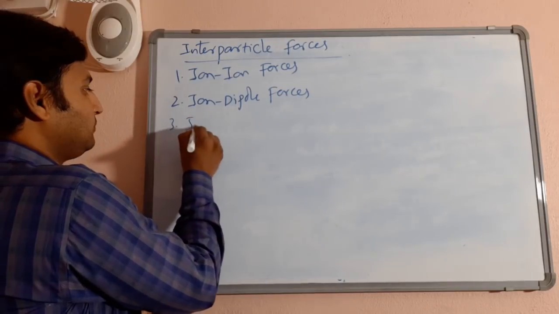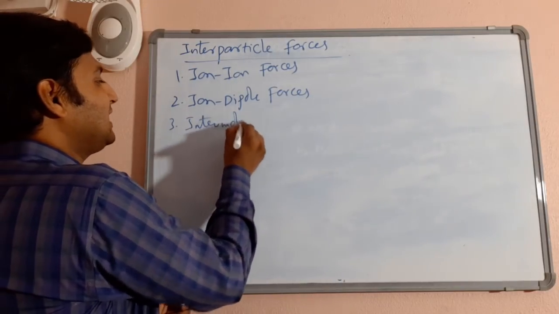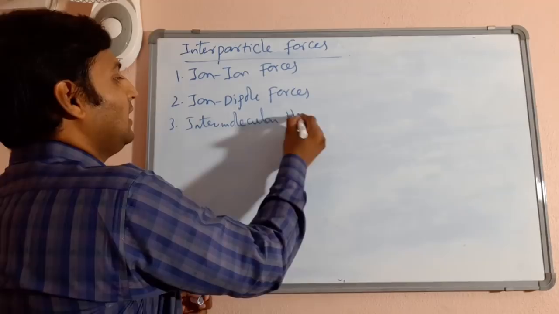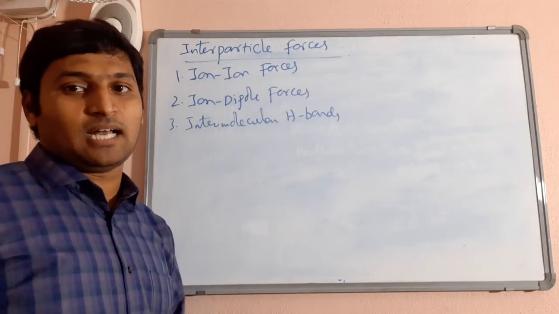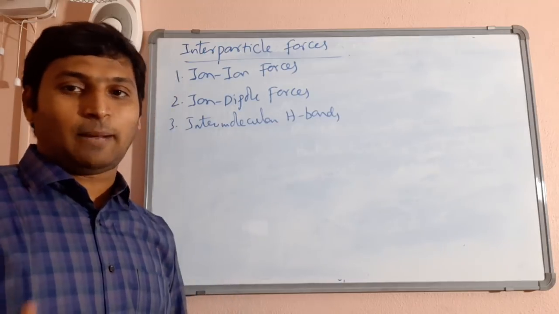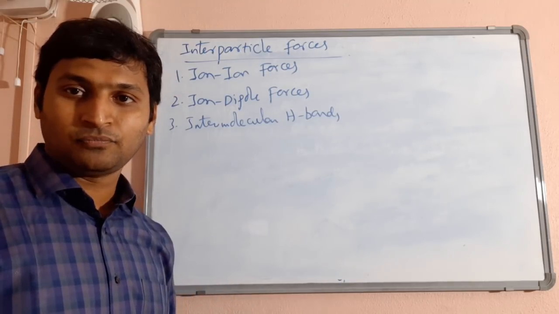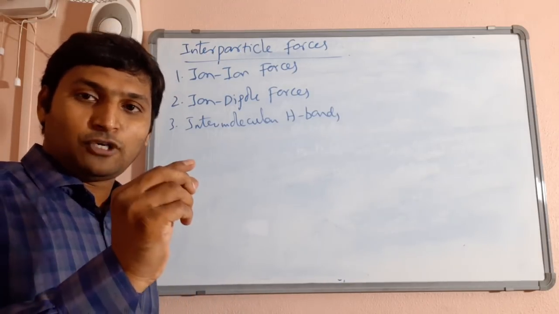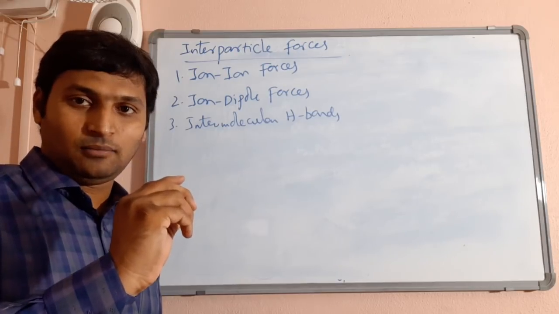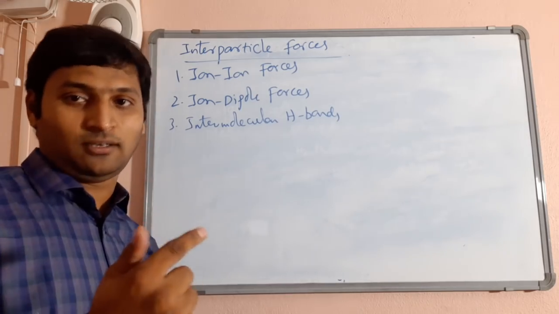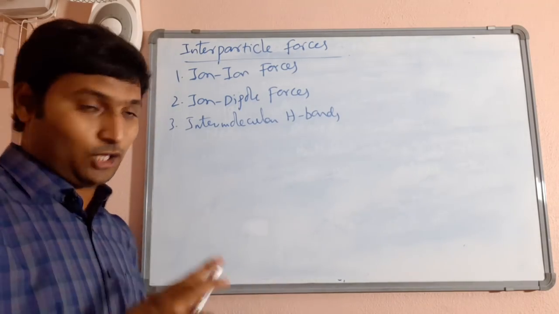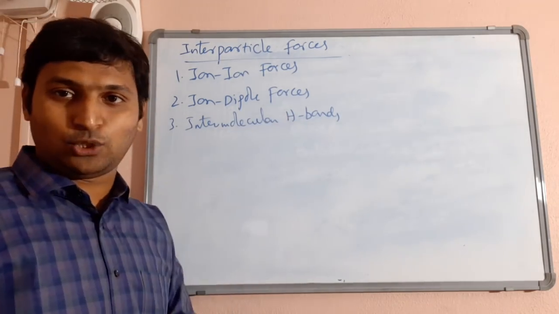Then comes intermolecular hydrogen bonds. You must have studied them in 2 chapters last year, that is the hydrogen chapter as well as the chemical bonding chapter, where whenever there is attraction between a more electronegative atom and an electropositive hydrogen of 2 different molecules, then you call it intermolecular hydrogen bond.